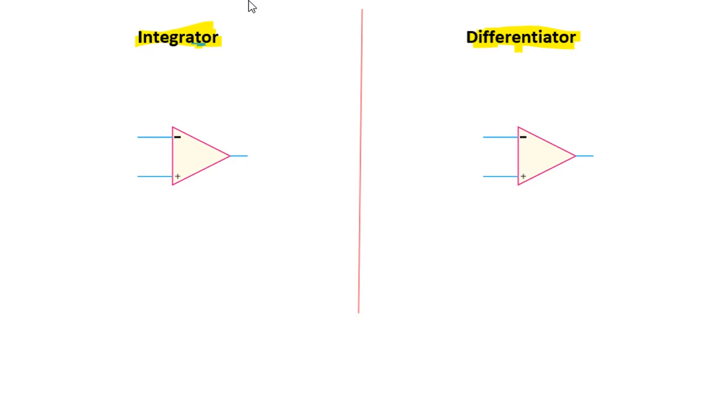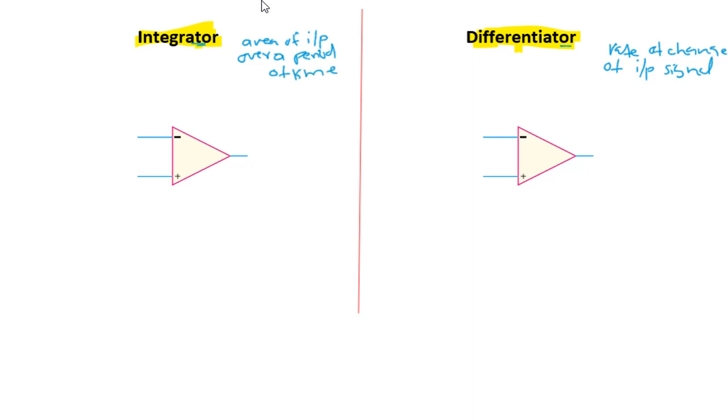And for a differentiator, the output is proportional to the rate of change of the input signal.